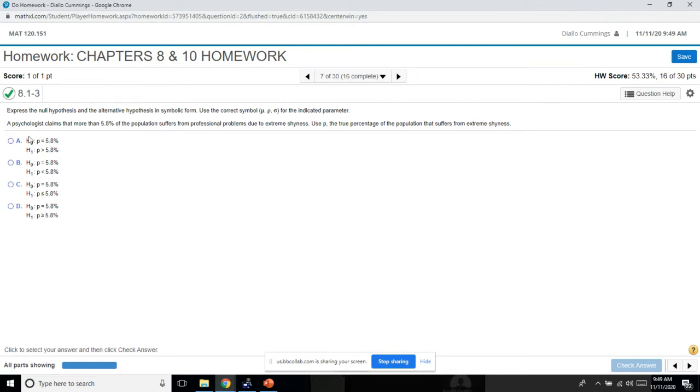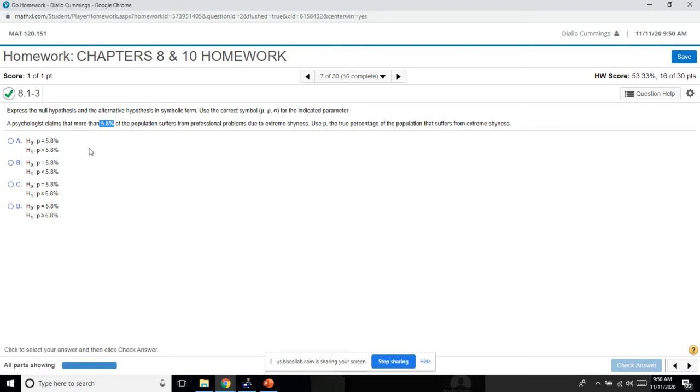This question reads: a psychologist claims that more than 5.8% of the population suffers from professional problems due to extreme shyness. Use P, the true percentage of the population that suffers from extreme shyness. In this example, we're using P. Anytime you're given a percentage value, you want to use P as a population proportion.